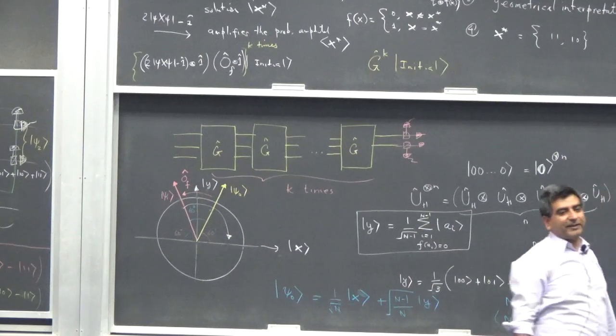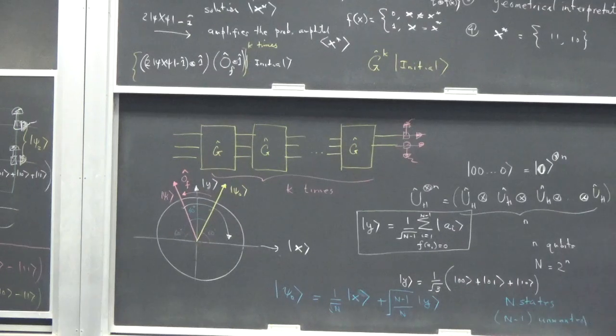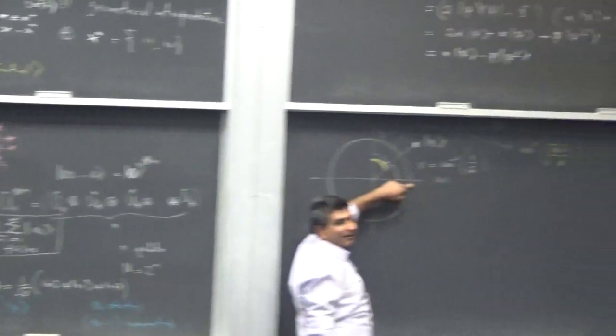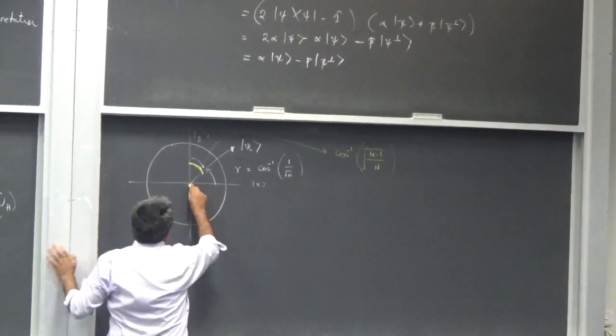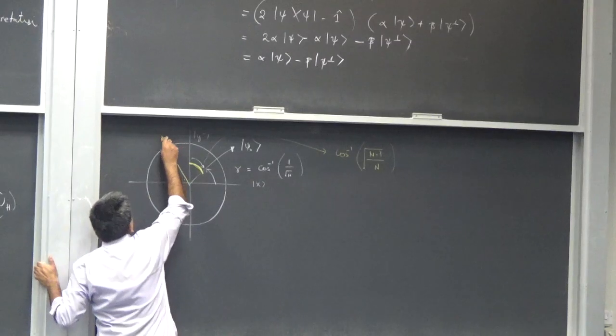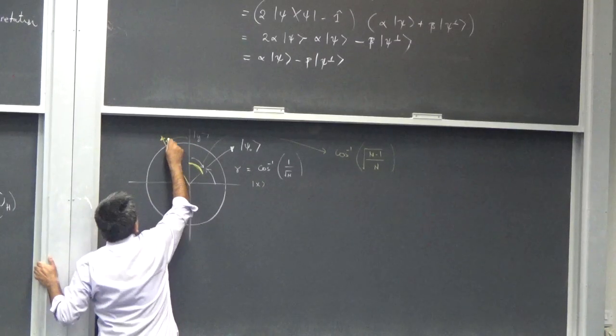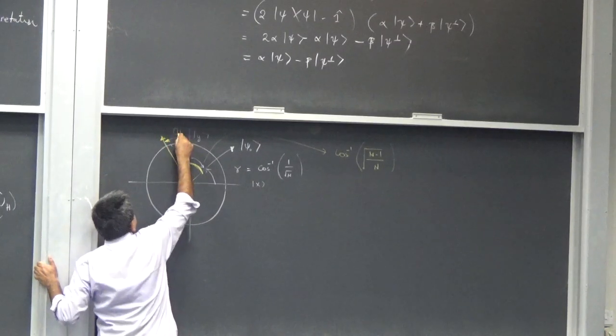So I do know that the oracle is going to invert this state about the y-axis, right? Because it's just going to change the sign of the component of psi naught that is along ket x. So this is what's going to happen after the oracle, after O_f.